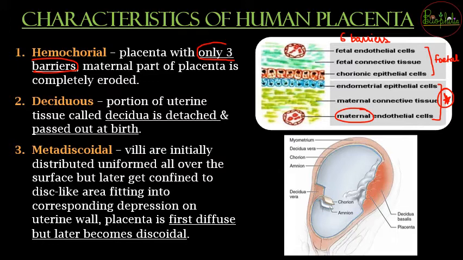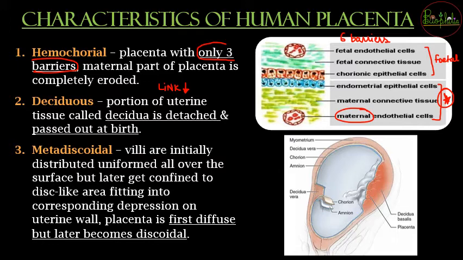Second characteristic here, that is deciduous. It is going to be the definition to understand, like a portion of uterine tissue is going to be called as decidua. So that is going to get detached and passed out at the birth. So decidua के बारे में we had understood when we saw about the uterus. So link will be provided down in the description box, wherein you can understand what are the different parts of decidua and what is decidua in detail.